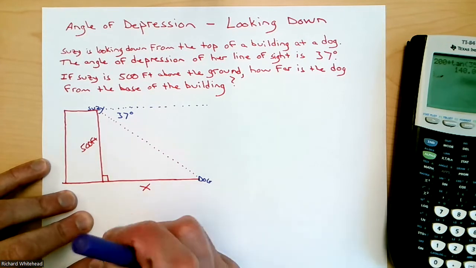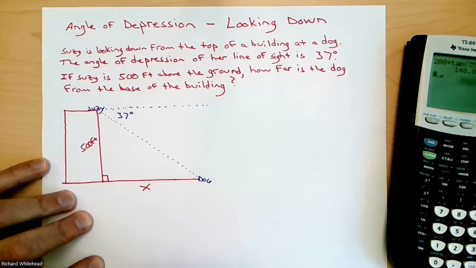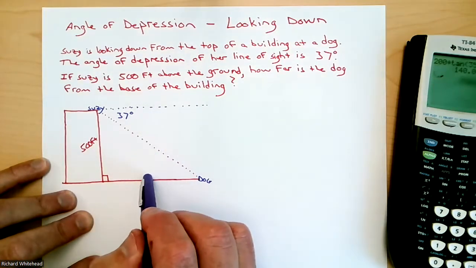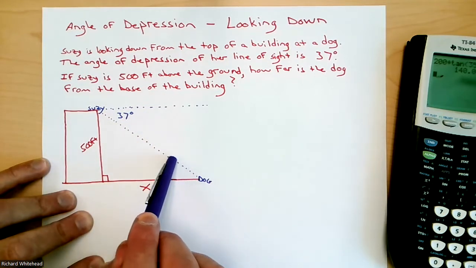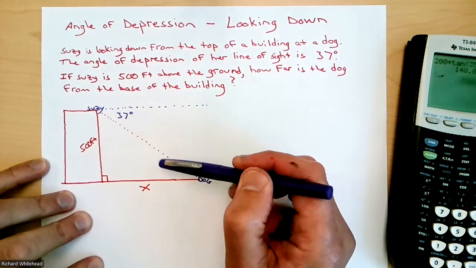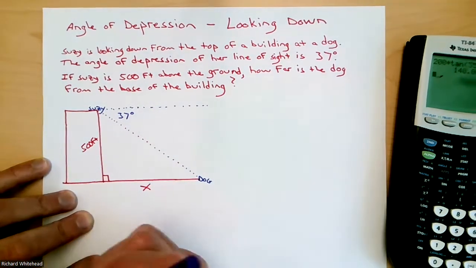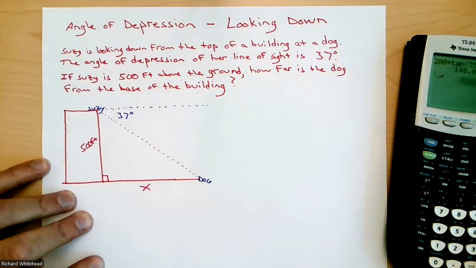Or if we remember our really groovy rules from geometry, you could say, wait a second, if these are parallel, that makes this a transversal, which means these are alternate interior angles, and the alternate interior angles would be equal. So either way you look at it, you end up in the same spot.